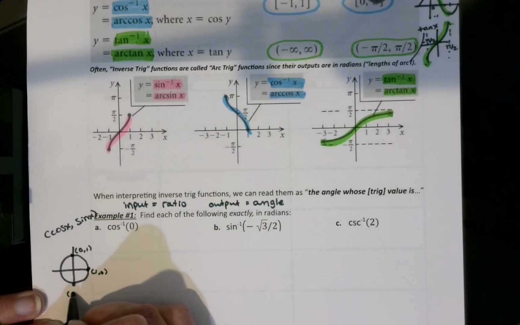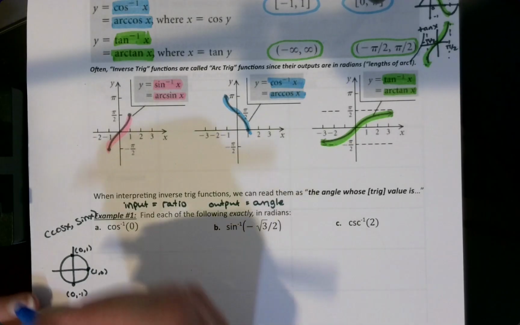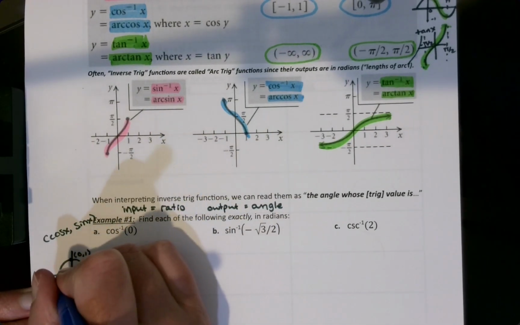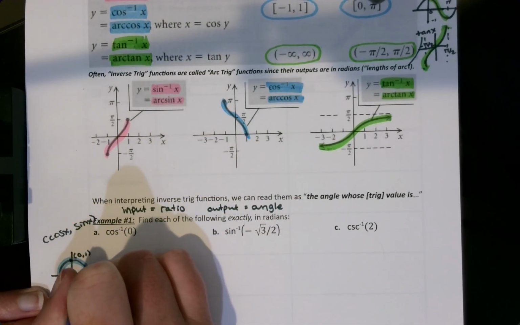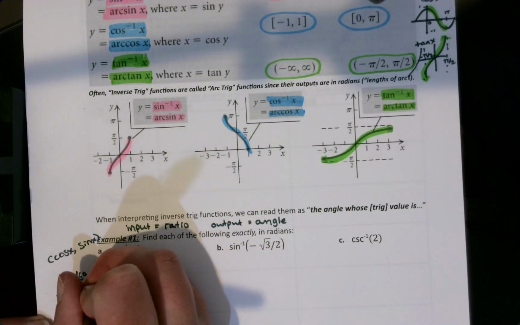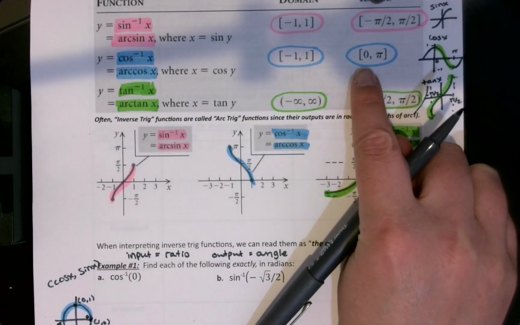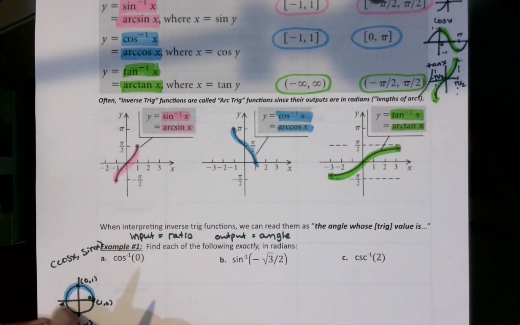And this is 0, negative 1. In order for this to be a function, though, we did restrict cosine so that it's between 0 and pi. So the angles must be top half only on the unit circle, so we're able to output angles between 0 and pi.